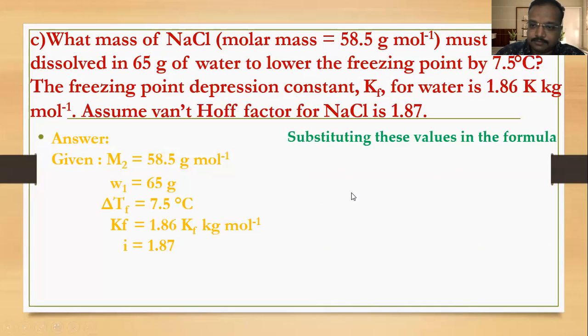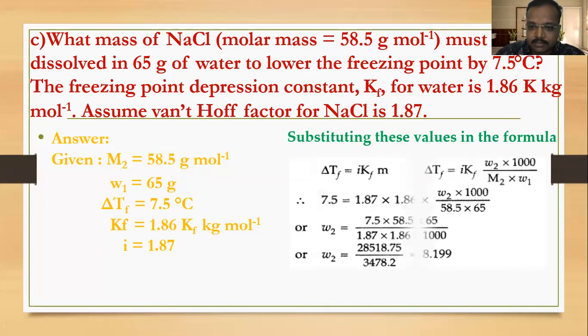What is the formula? Delta Tf equal to i Kf into m. We can expand the m value, then only we will get W2 from it. So m is equal to W2 into 1000 divided by M2 into W1.